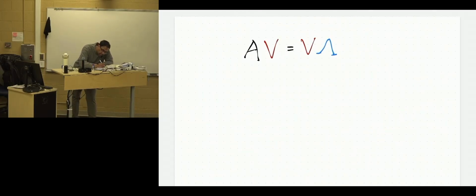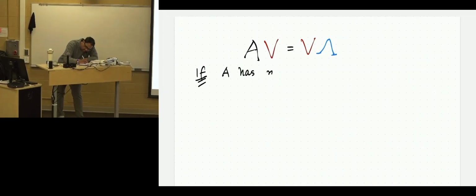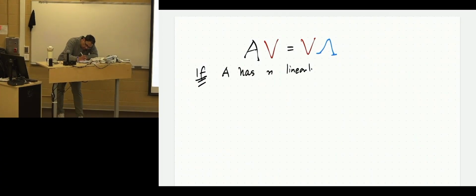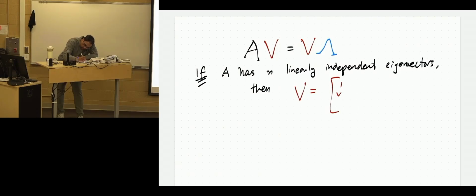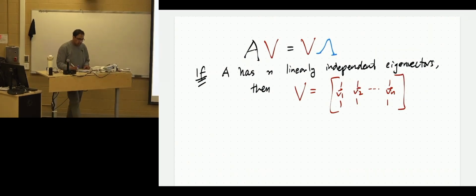So if A has n linearly independent eigenvectors, then V, created by placing A's eigenvectors into its columns, is invertible.